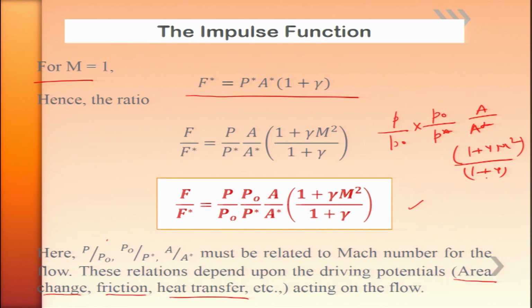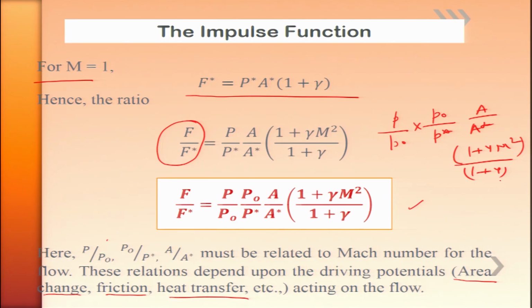Please note that in compressible flow fluid mechanics, one dimensional flow, this f by f star is basically written as P by P naught by P star, A by A star, 1 plus gamma m square, 1 plus gamma.